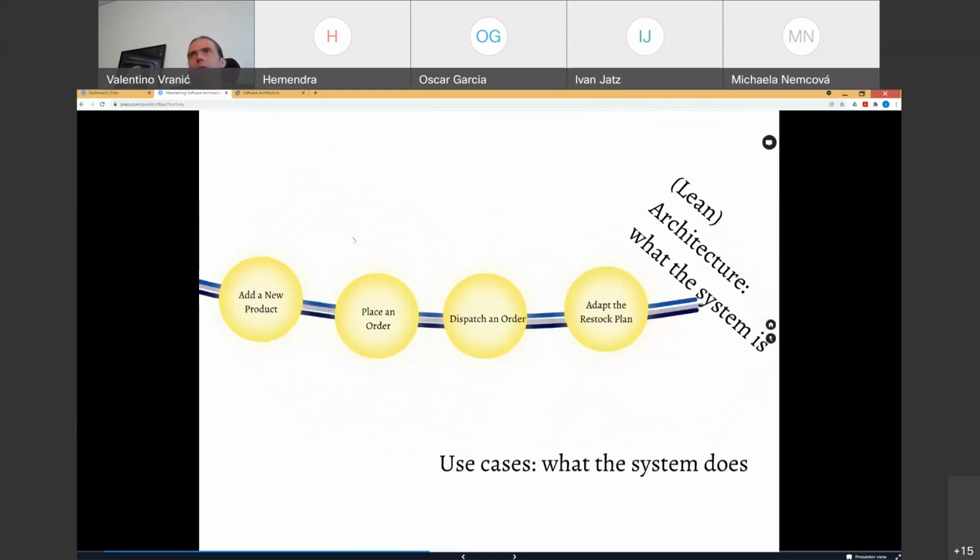So if you recall this slide that I was showing before when we talked about lean architecture, we would like to be able to modify our systems by adding further use cases. This is not just a question of changing the user interface.